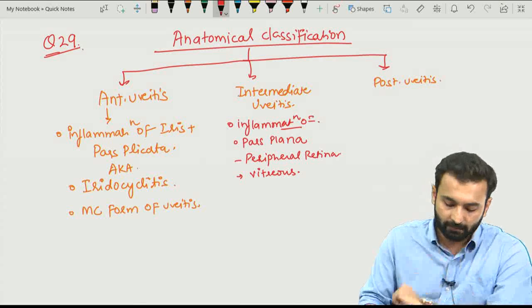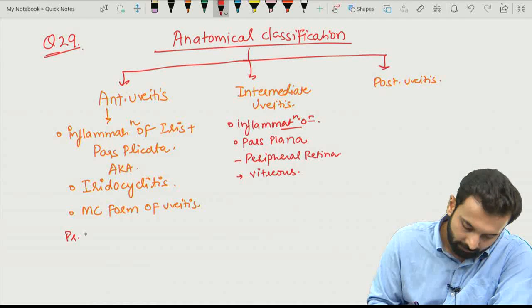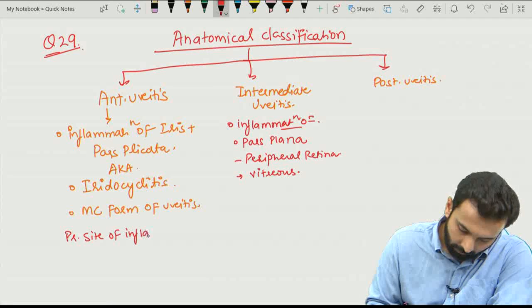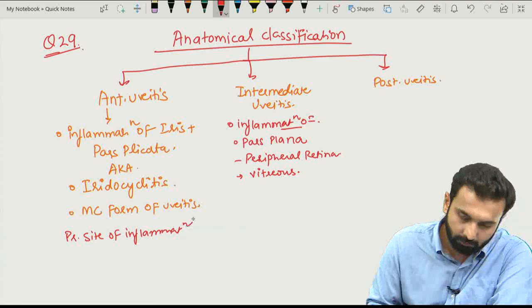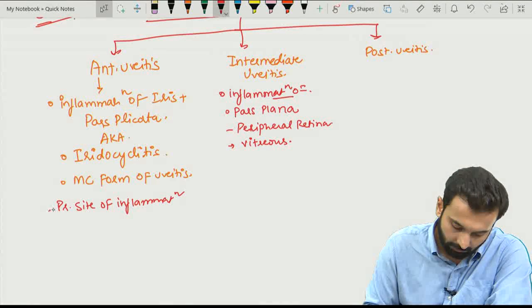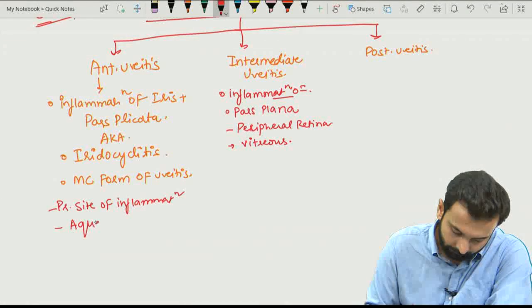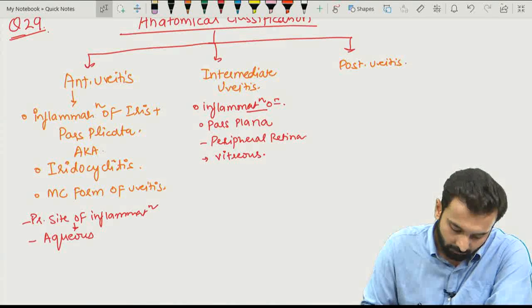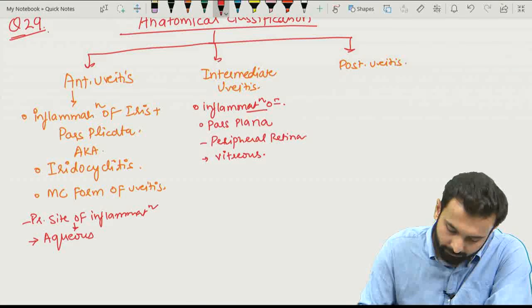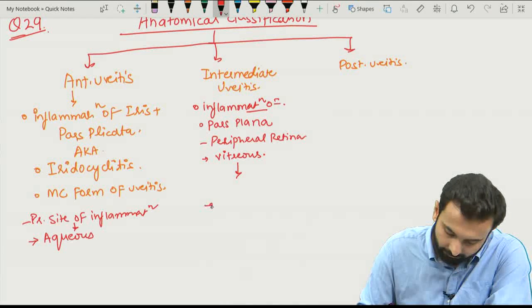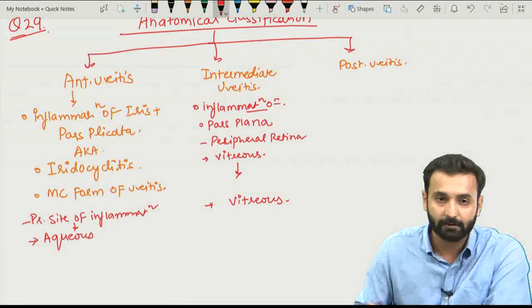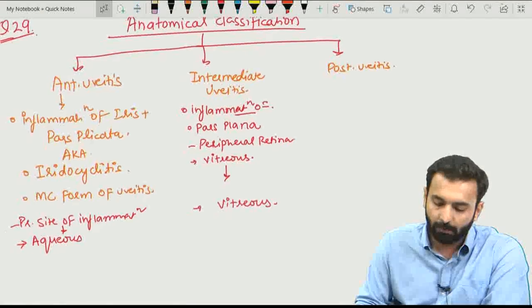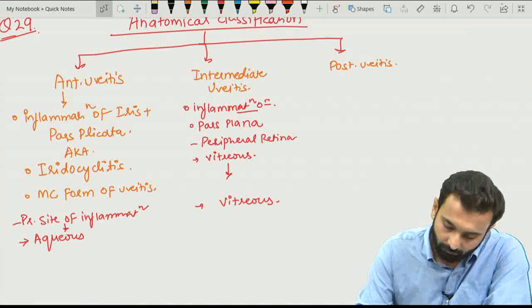In anterior uveitis the primary site of inflammation, you should know, is aqueous, whereas in intermediate uveitis the primary site of inflammation is vitreous, right?